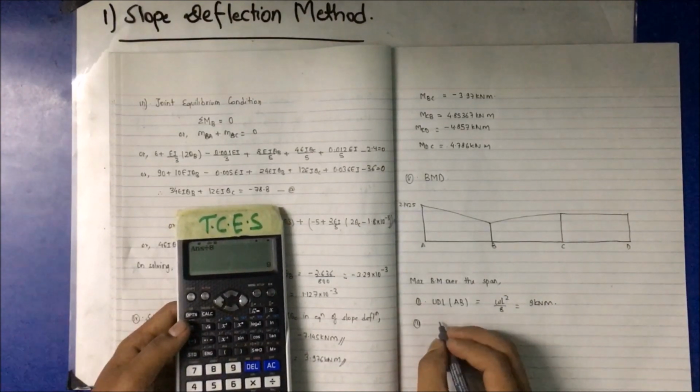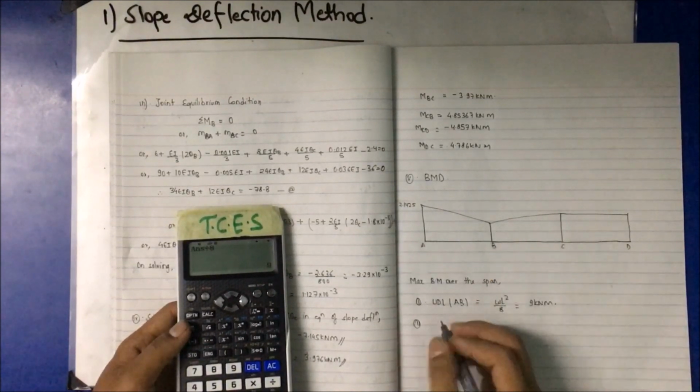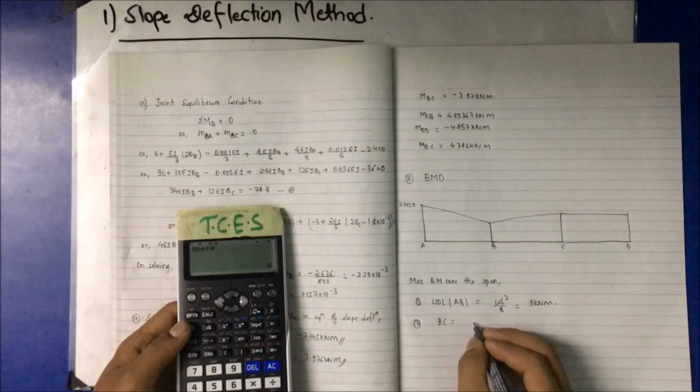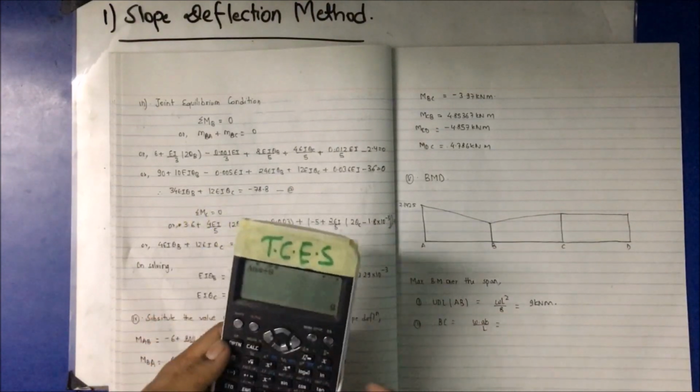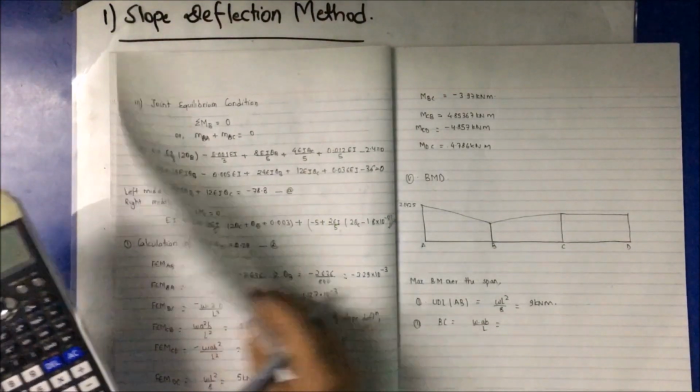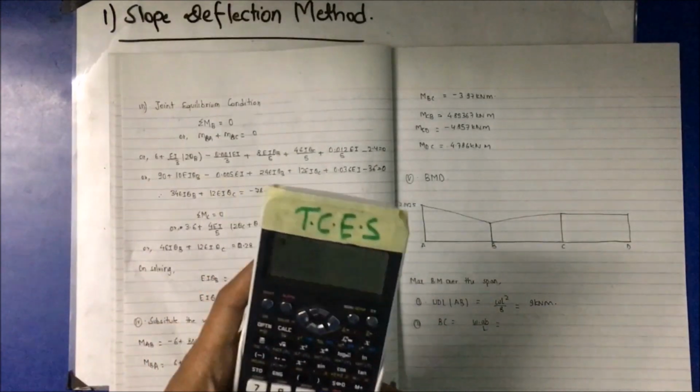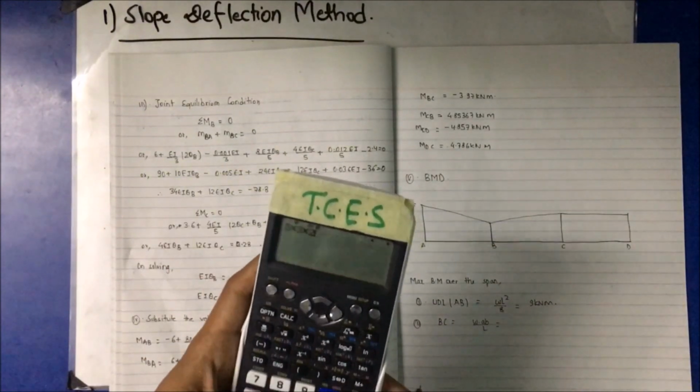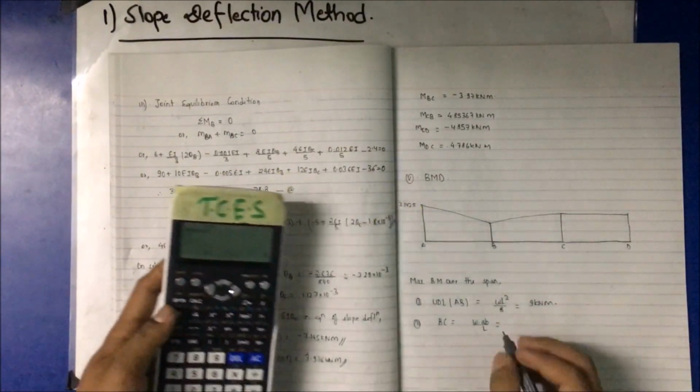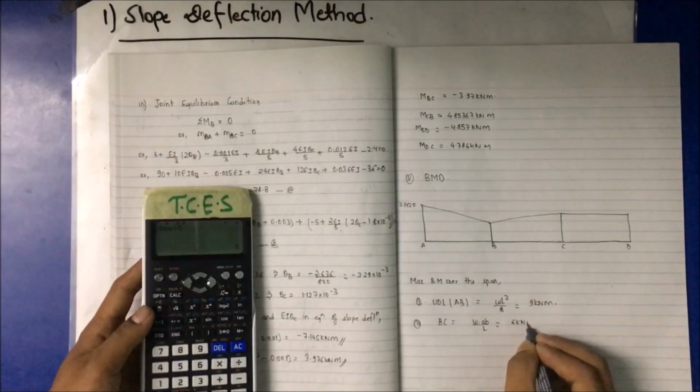The second is for BC, that is a point load, and the formula is WAB by L. W being 5 kilonewton, A being 3 and B being 2, divided by 5, we get 6 kilonewton meter.